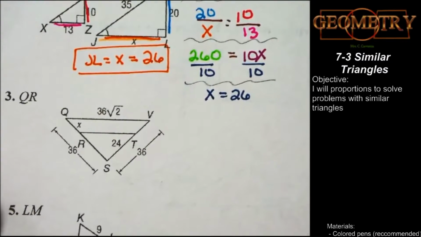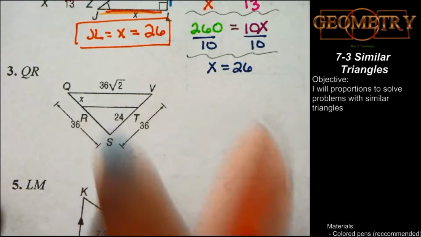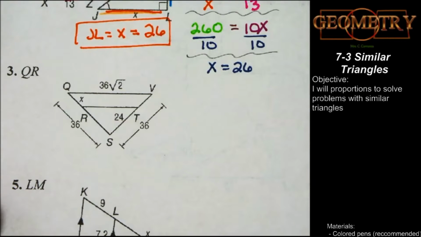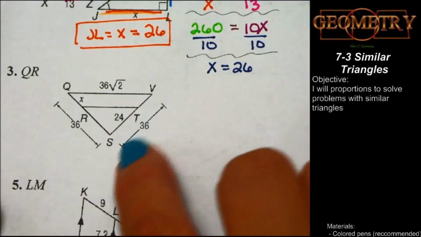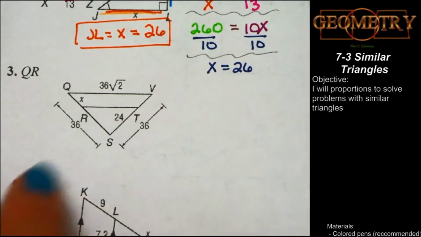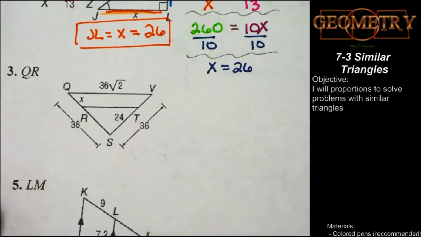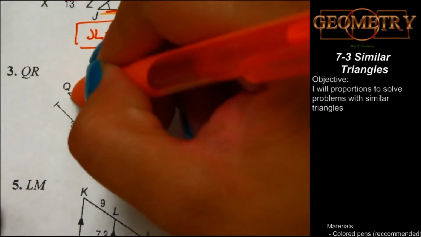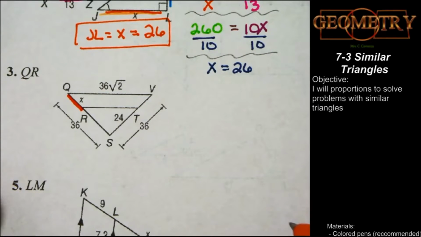Looking at number 3, right under it, it looks a little tricky because we have this square root thing, but all of the concepts are exactly the same. Notice how I have this side here, 36, and this side here is 36. I'm trying to figure out what the measure of this side is right here, QR, and it's also labeled as my variable x.